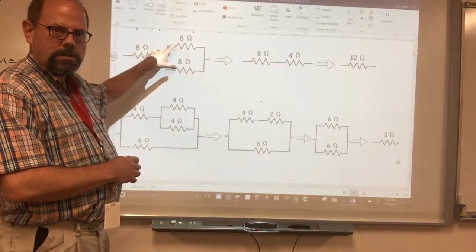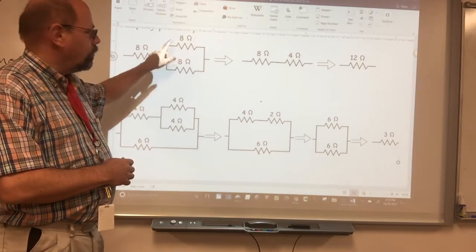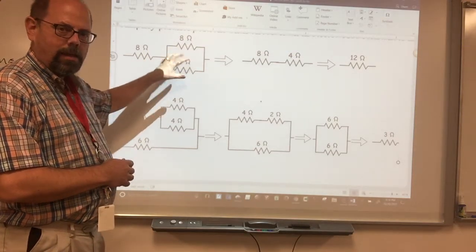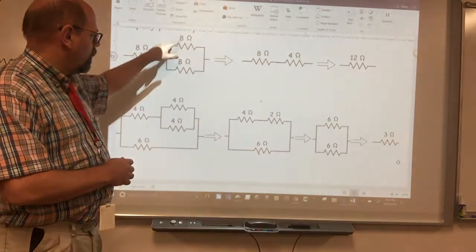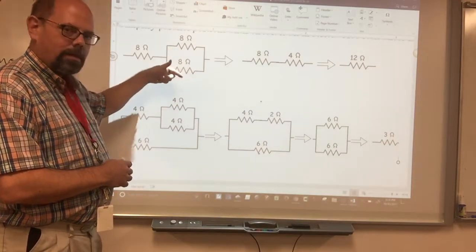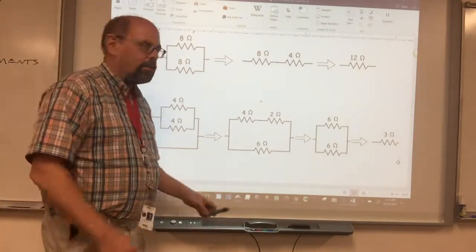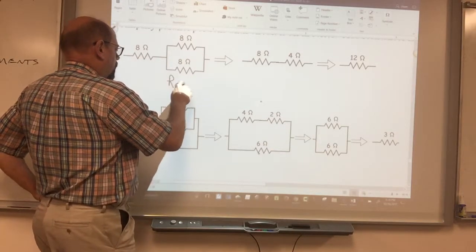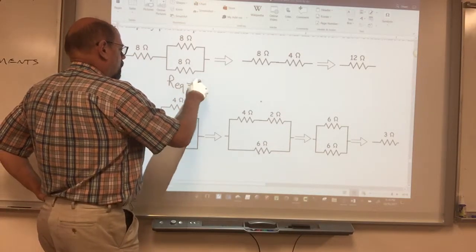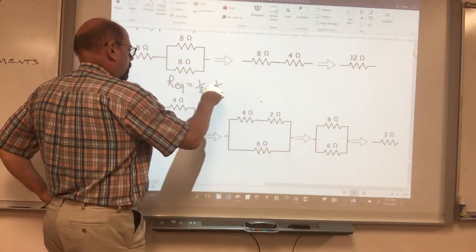Well, if I have 2 resistors in parallel, we know that 1 over the equivalent resistor is 1/8 plus 1/8, and then whatever that ends up being, flip that fraction. So the equivalent resistor would be 1 over 8 ohms plus 1 over 8 ohms.